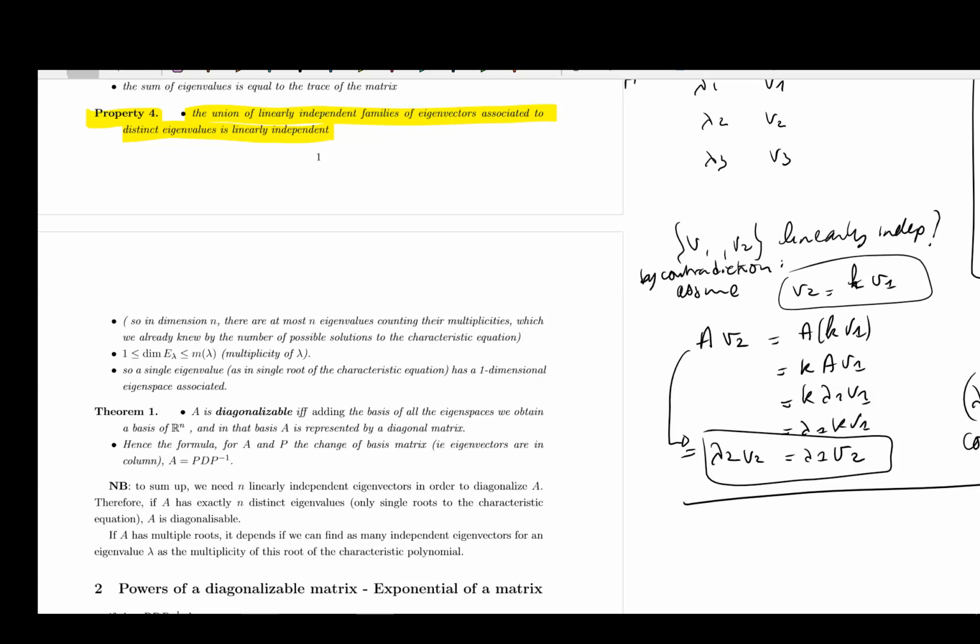And the important corollary to this property, maybe we should write it explicitly.